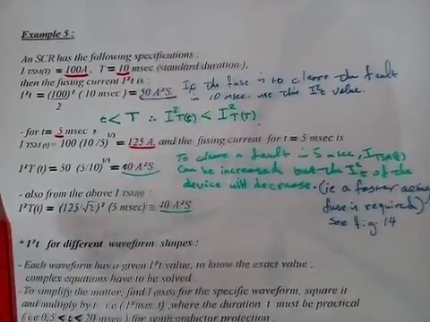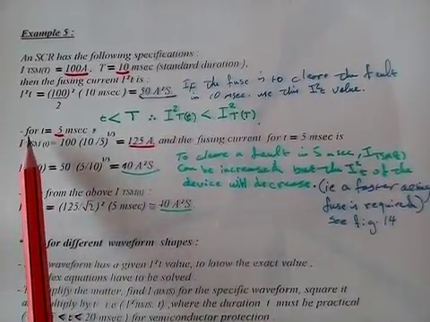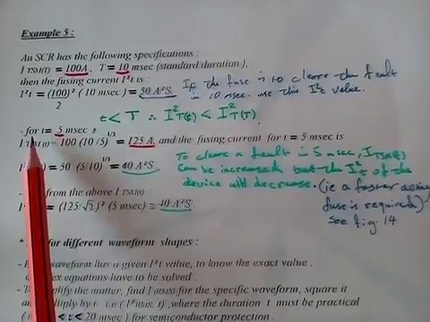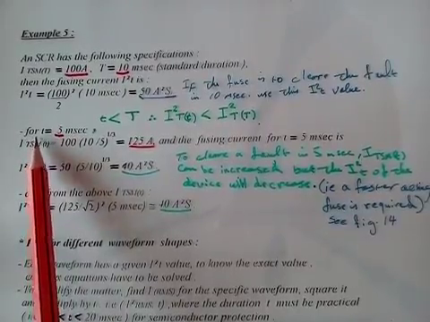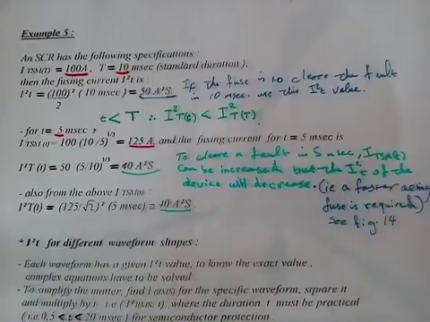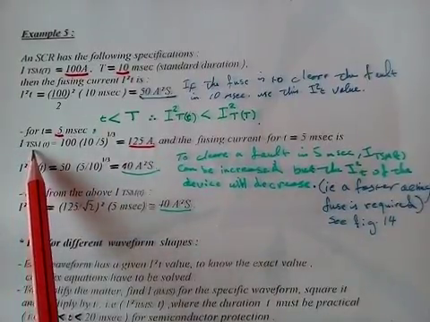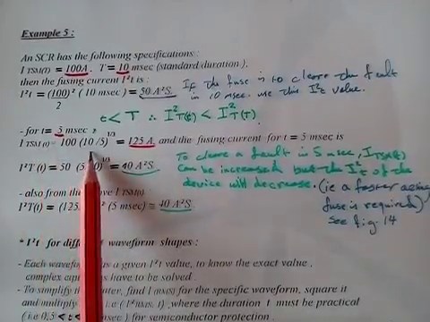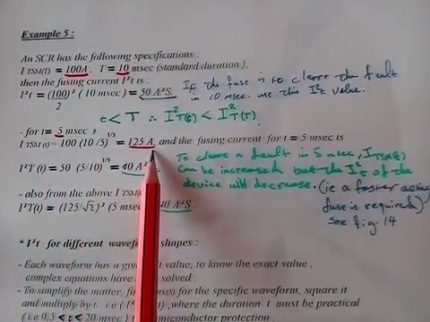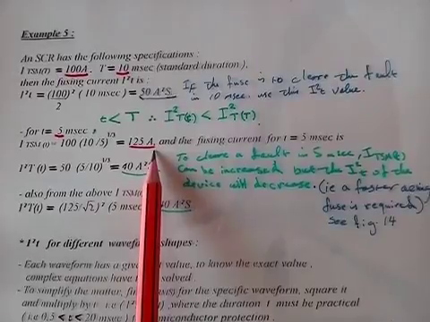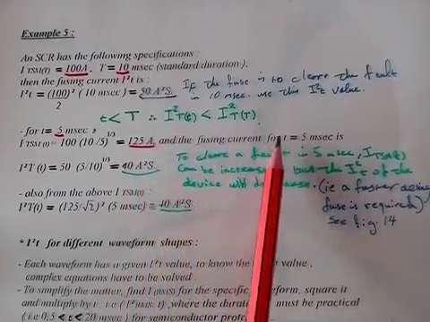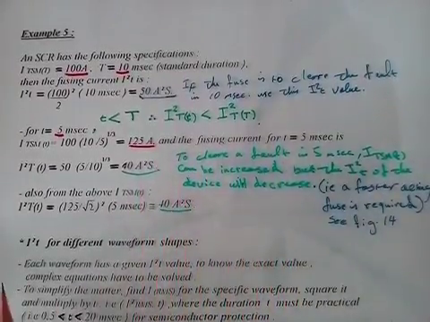Okay, now suppose we are able to clear that fault, or we would like to clear it in 5 milliseconds instead of 10 milliseconds. The value of the surge current would become 125 amps. Okay, and that's of course the fusing current for t equal 5 milliseconds.